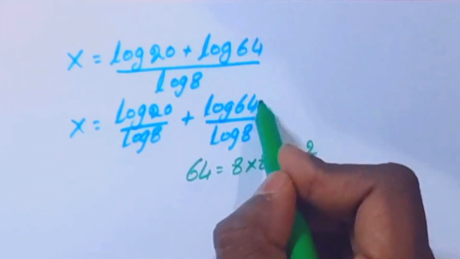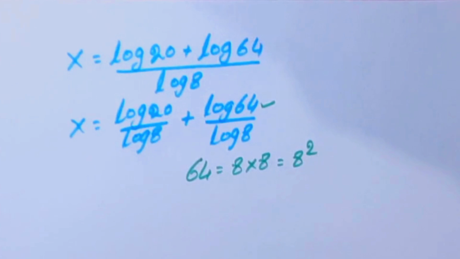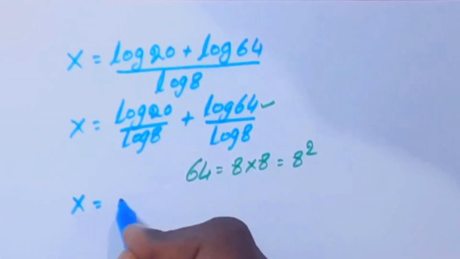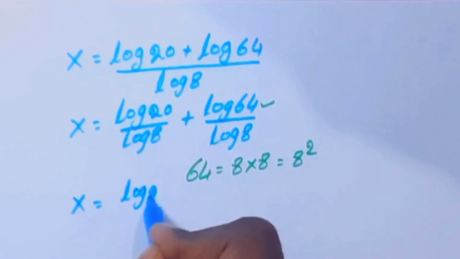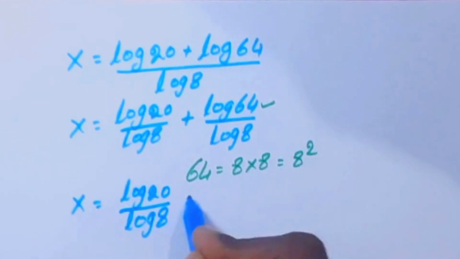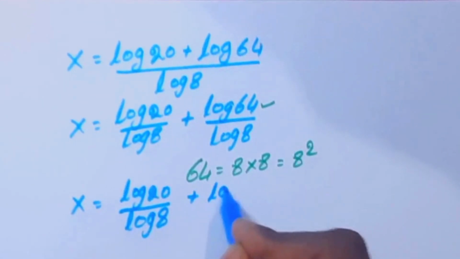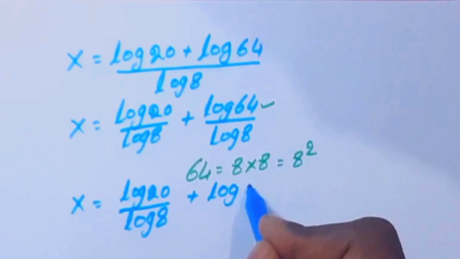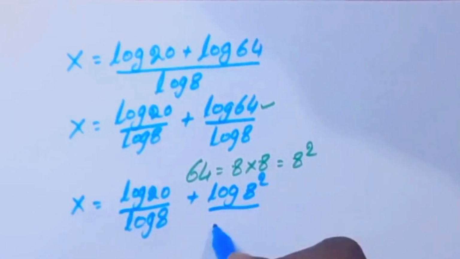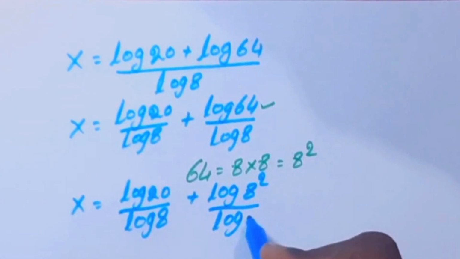So we are going to apply this here. So we'll get x equal to log 20 by log 8 plus log 8 square by log 8.